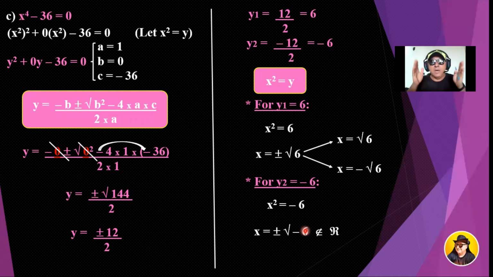But for now, we are working in the real number set, so it's not possible. I cannot go on here because minus 6 has no square root in the real number set. So our answers will be only root of 6 and minus root of 6. This is our solution set.